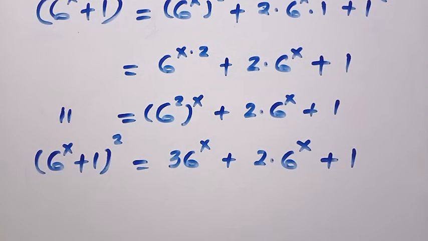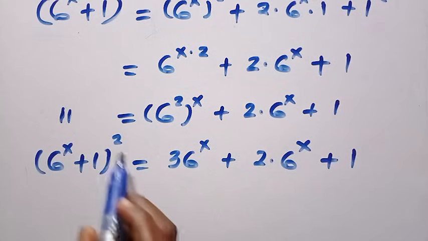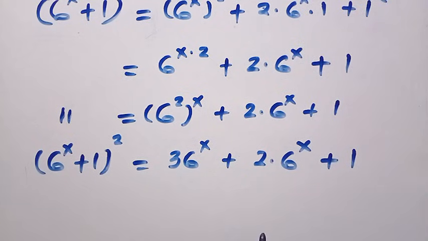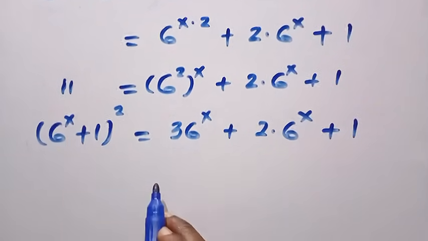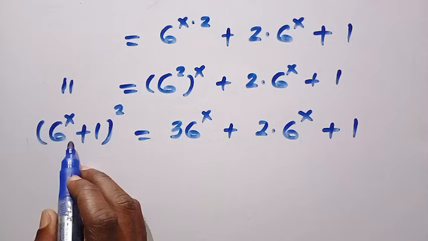Then here we have 6 power of x plus 1 raised to the power 2. I want to make 36 power x the subject of the formula because we are interested in making all the right hand side 36 power of x. So if I make this the subject of the formula, it means 2 multiplied by 6 power x plus 1, I'm transferring them to this side.